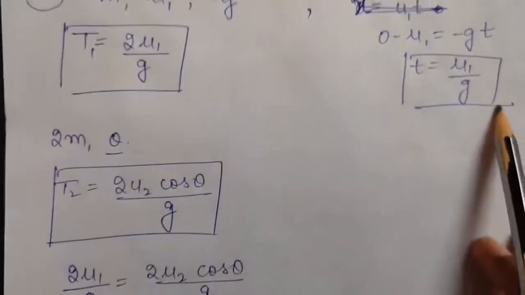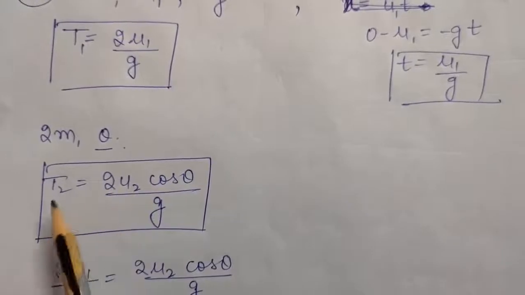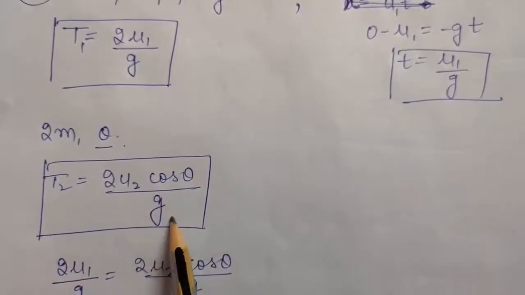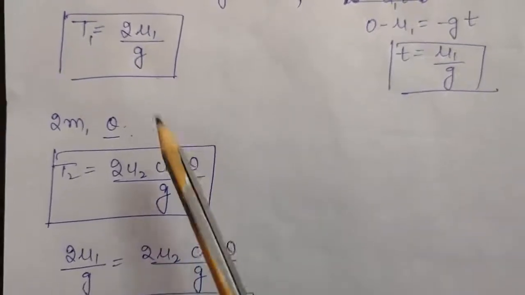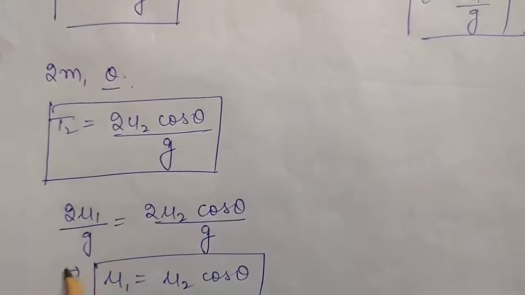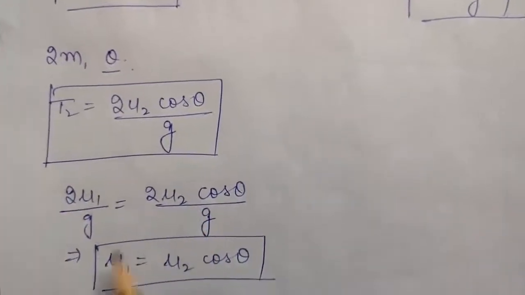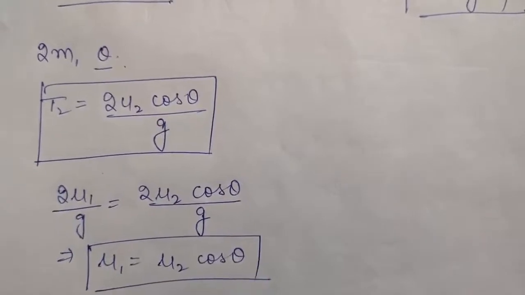Now from the projectile motion you know the total time for which the object remains in air is 2u2 cos theta by g. This you have calculated in your theory lectures. According to question, t1 and t2 are equal, that is 2u1 by g is equal to 2u2 cos theta by g. From here u1 will come to be u2 cos theta.